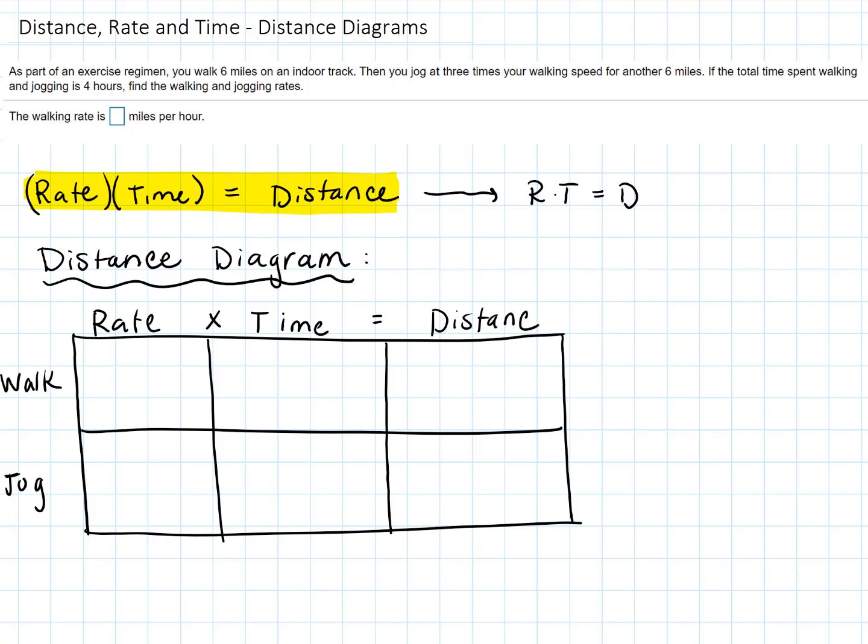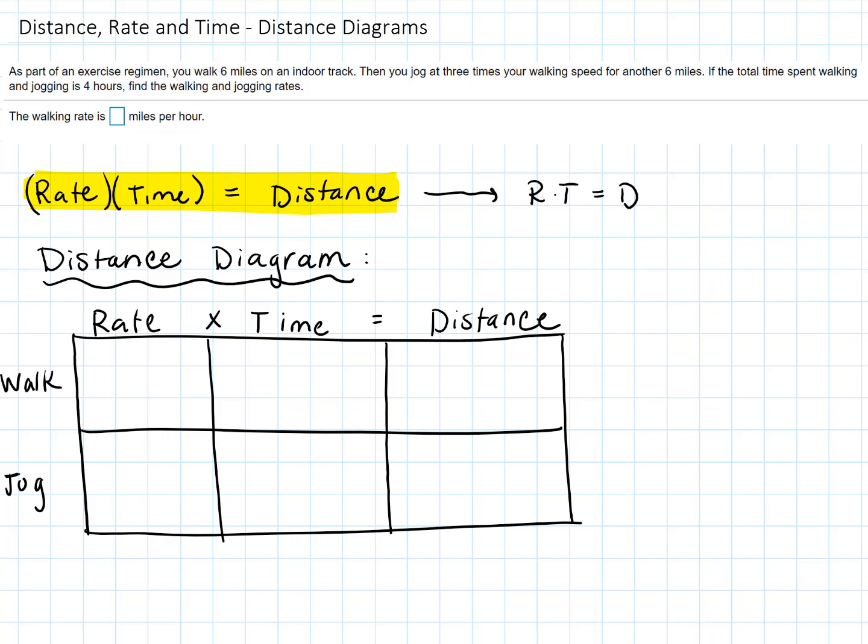Okay? So notice across the top of my distance diagram, I just rewrote the equation, and each of the quantities I gave a column in this diagram. And then each row is the different type of behavior. So we're walking and we're jogging, and those two things need to be separated because we walk at a different speed than we jog. So now we start to fill things in.